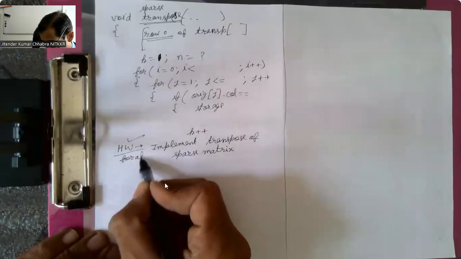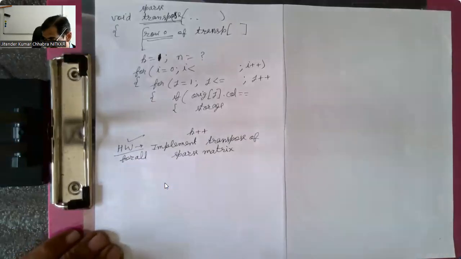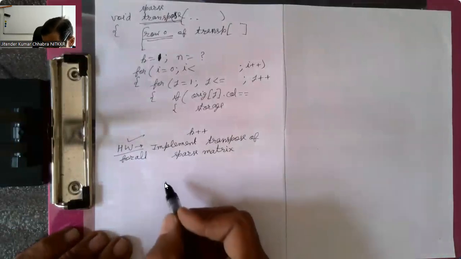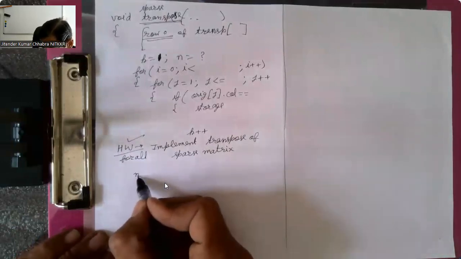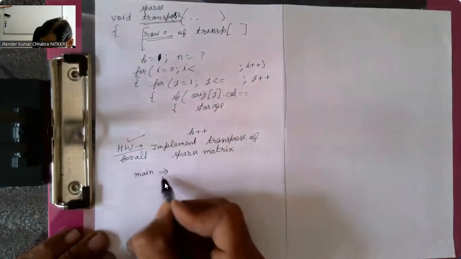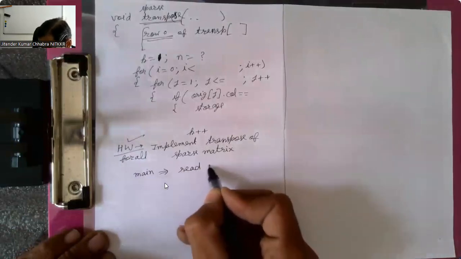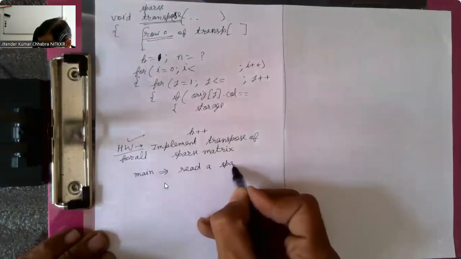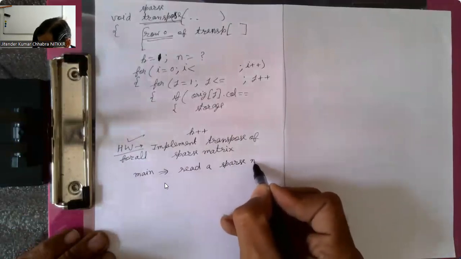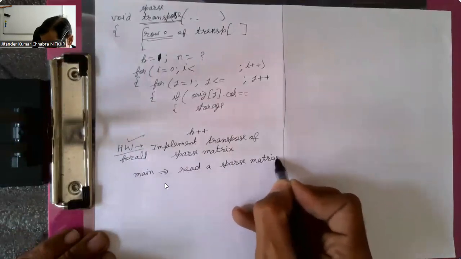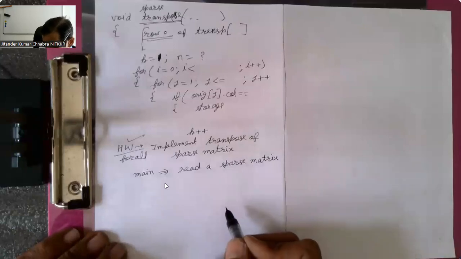But how will you verify whether you generated a correct transpose or not? So you should be able to write main, etc. also. If you write main, you have to read a matrix also. A sparse matrix to be read, transpose to be found, and of course to be accordingly displayed.